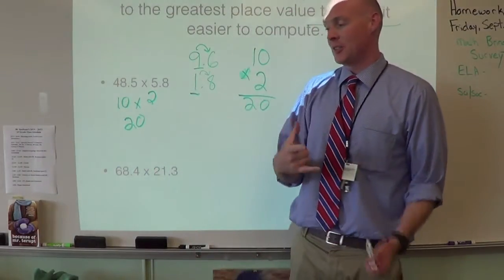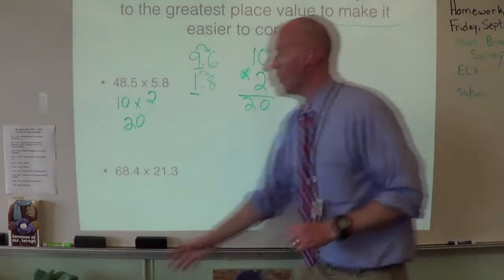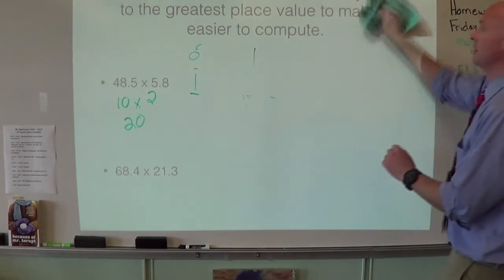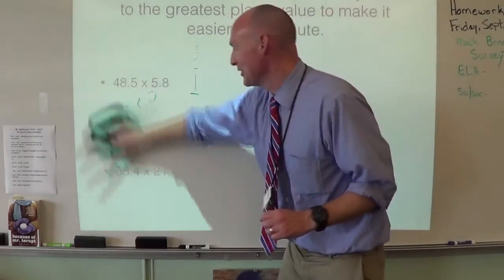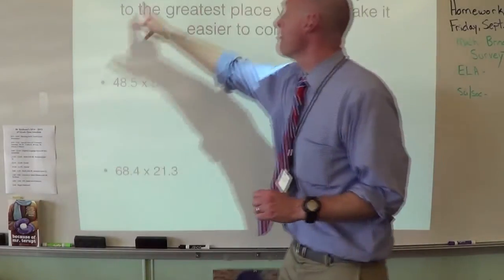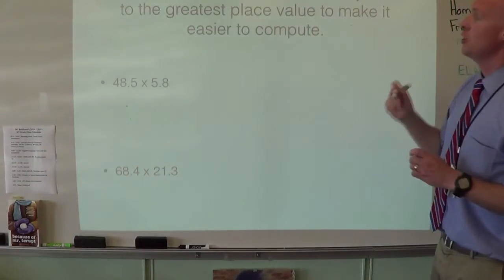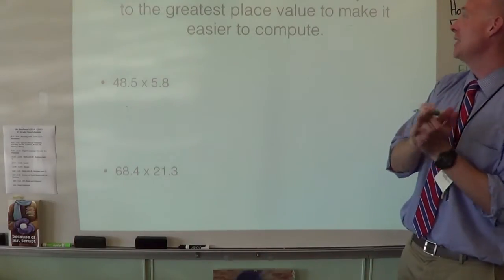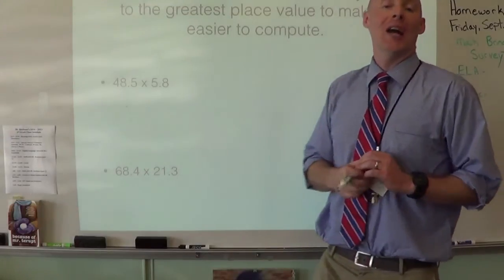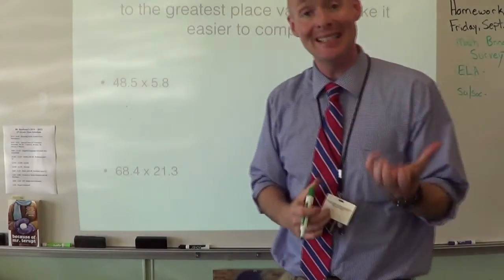Okay. Next, when estimating products, sorry, just let me erase this. When estimating products, you may round to the greatest place value to make it easier to compute. When you're estimating, you're trying to make it easy on yourself.